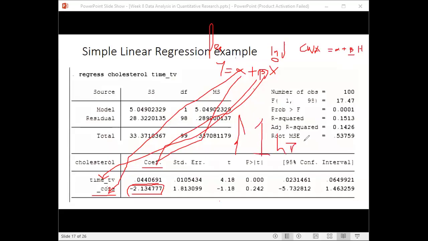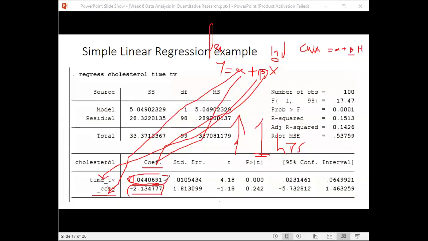Based on how we measured it, I tell you we are measuring it in hours. So if it increases by 1 hour, what do we see the coefficient as? It is positive. And it's what? 0.0440, blah, blah, blah. So if your hours of study increases by 1 hour, it is going to increase your CWA by 0.044069 units.